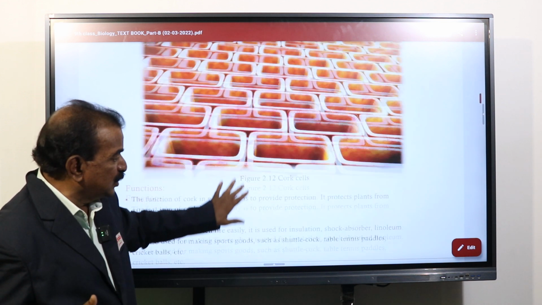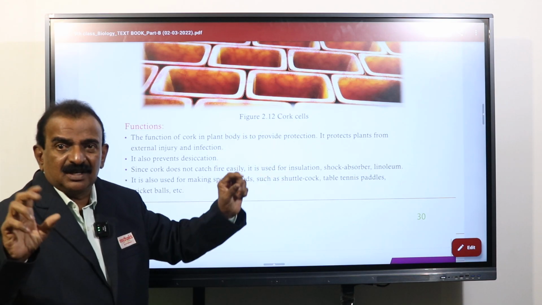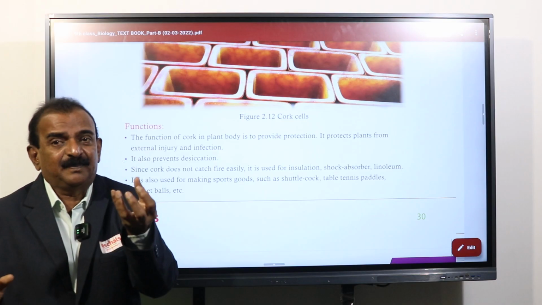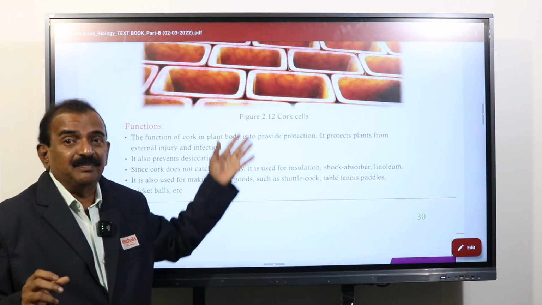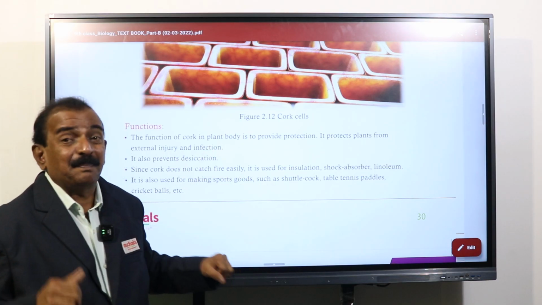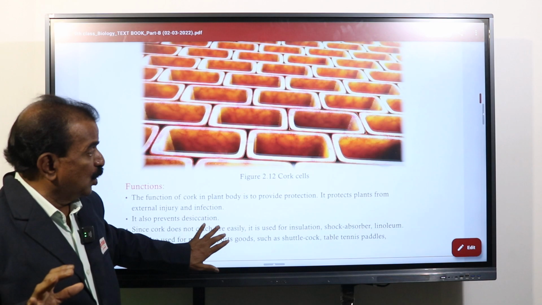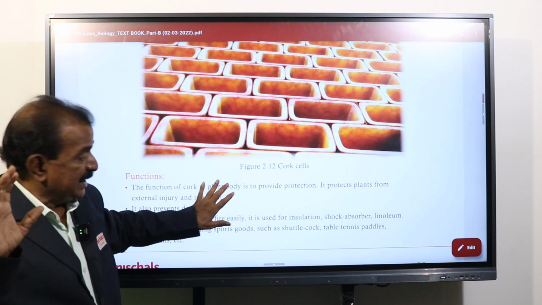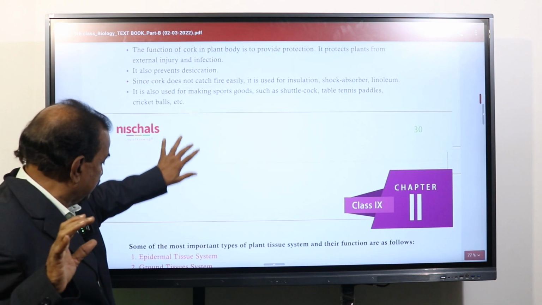We also use shuttlecocks. The bottom of the shuttlecock is made of cork, prepared from the bark of plants, and table tennis paddles. These sports materials are all prepared from the bark of a plant.